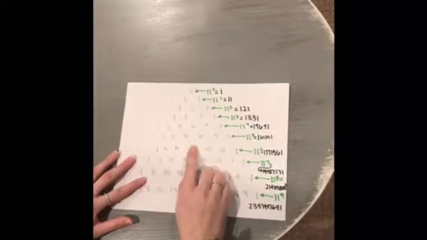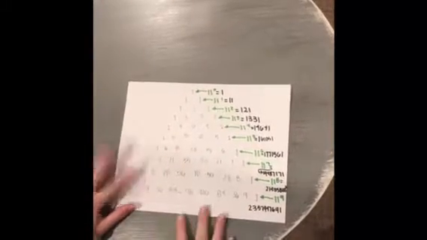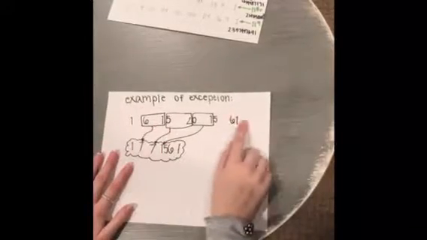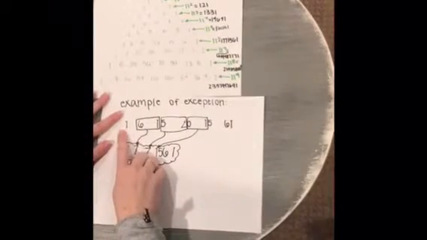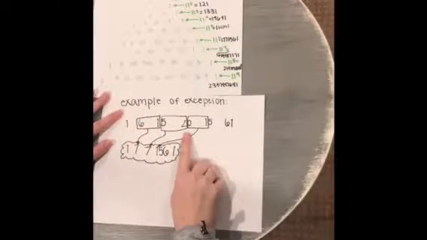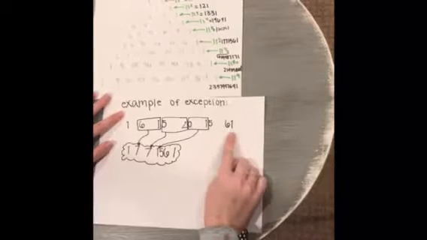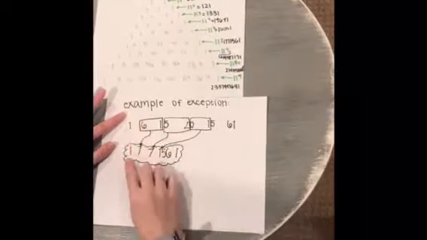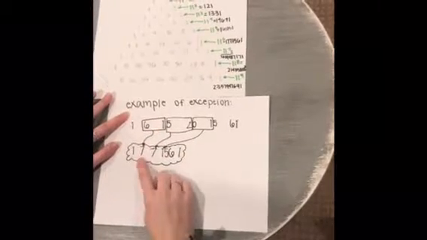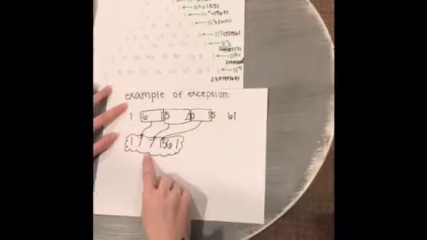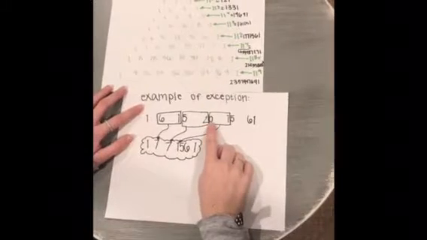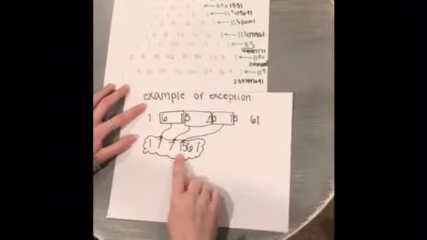This is an exception in the 11 power rule. I will show how this is used. This is an example of an exception. So in the 11 to the power of 5, this is 1, 5, 10, 10, 5, and 1. 1 stays the same, 5 and 1 are added, and that equals 6. 10 and 10 are added, and that equals 20. 10 and 5 are added, and that equals 15.